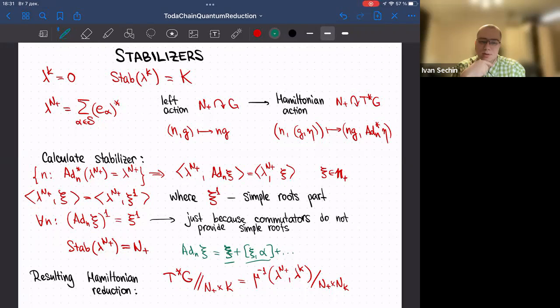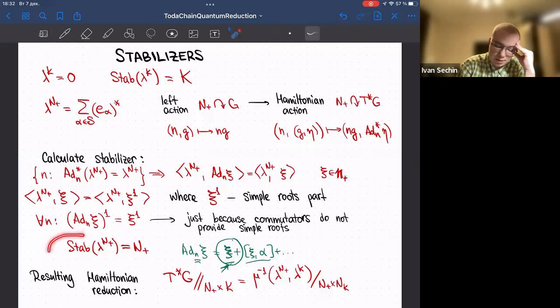Simple roots cannot be obtained using commutators, and therefore, for any n here, our leading order is psi, and only here we have simple root parts, and then the stabilizer is also N plus.